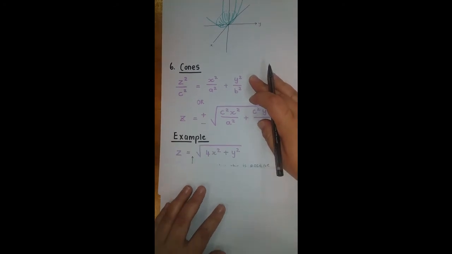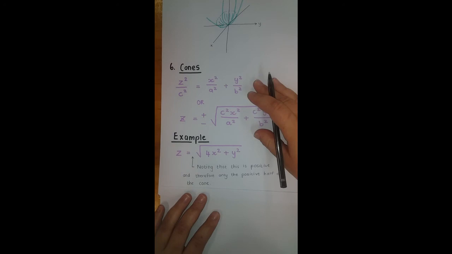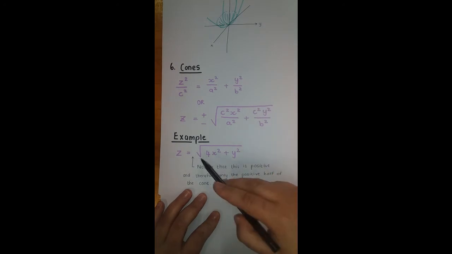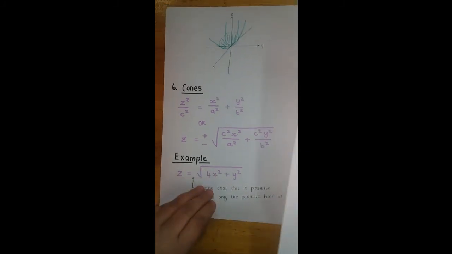An example of this would be the following. Let's say they give you z is equal to the square root of 4x squared plus y squared. Then you have to note that this is the positive half of the cone, and therefore you will only have the positive side of z that you sketch. So you can do as we've previously discussed. Let x equal 0, and then you'll find that z is equal to plus or minus y.